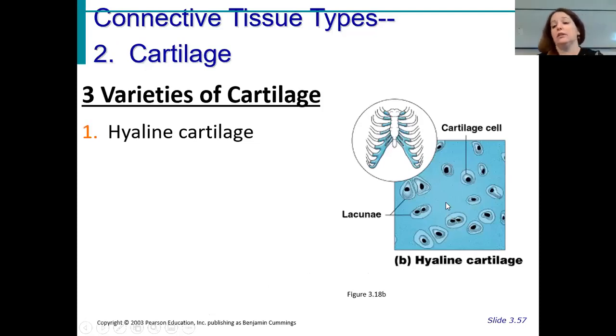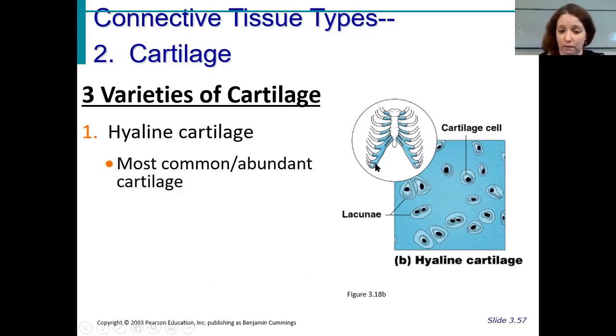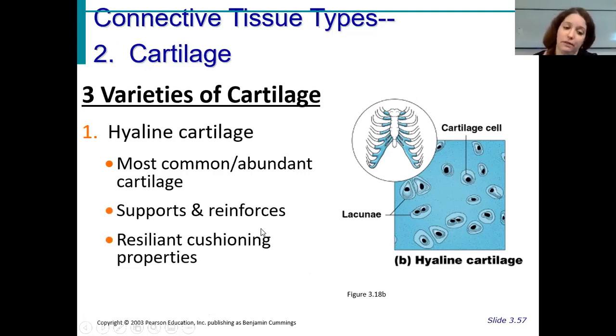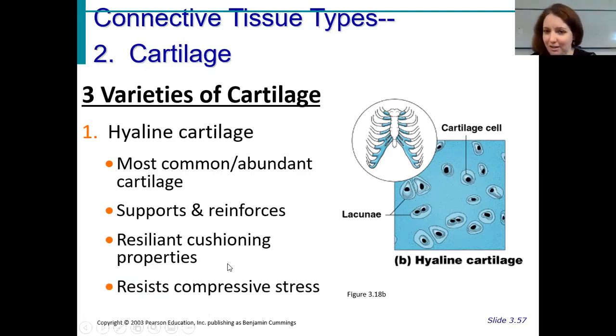So it doesn't even look like it has a matrix back here, but it's actually a hard matrix, and these cells cannot move around within this matrix. They are stuck in these little holes that are called lacunae. This is hyaline cartilage along our rib cage here. And the most common and abundant cartilage supports and reinforces, with resilient cushioning properties.